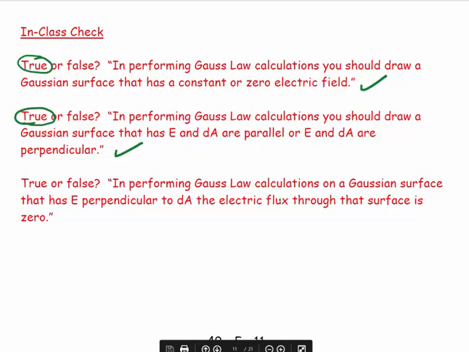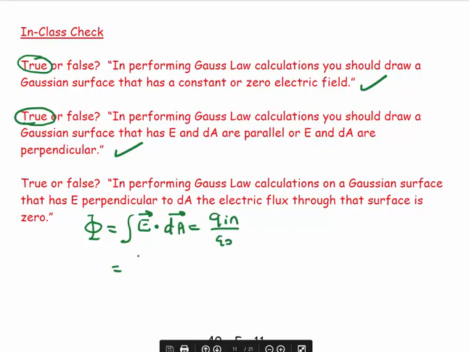And then true or false? In performing Gauss's law calculations on a Gaussian surface that has E perpendicular to dA, the electric flux through the surface is zero. Flux is equal to the integral of E dotted with dA, those are both vectors of course, which equals Q inside over epsilon naught. In this case E is perpendicular to dA.